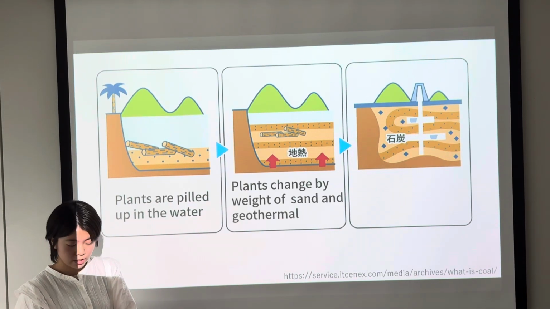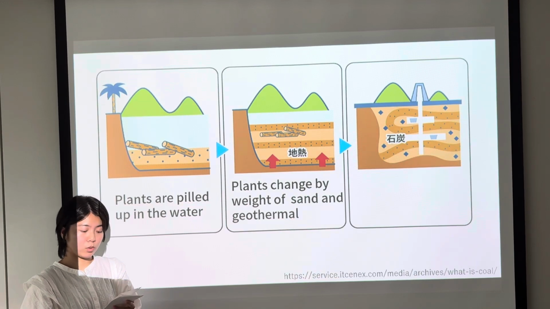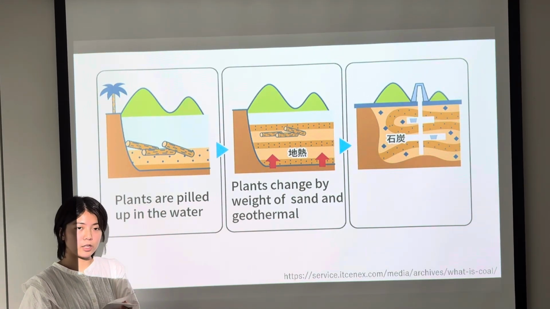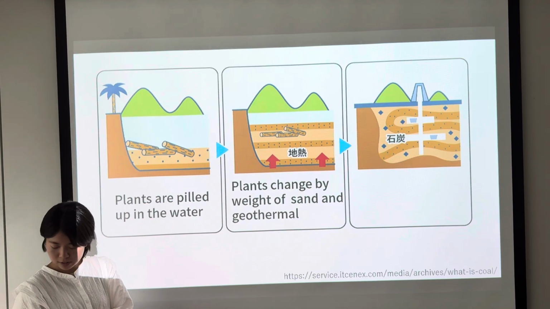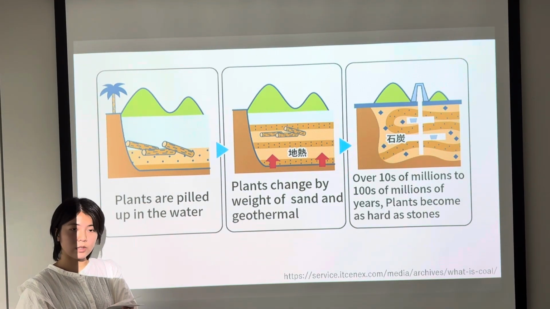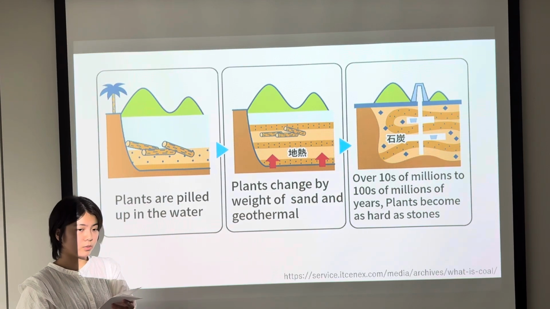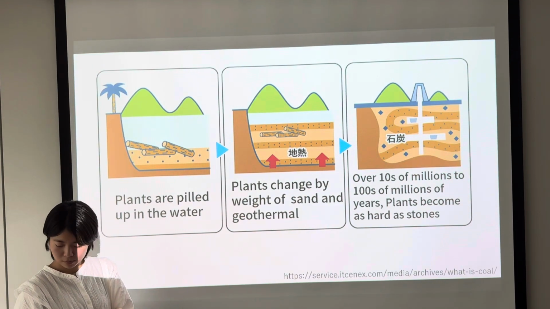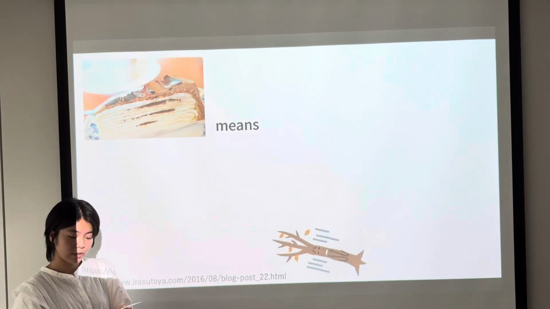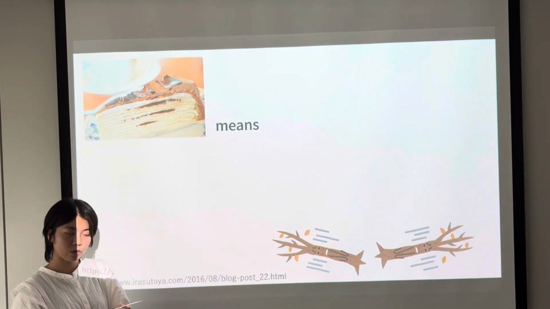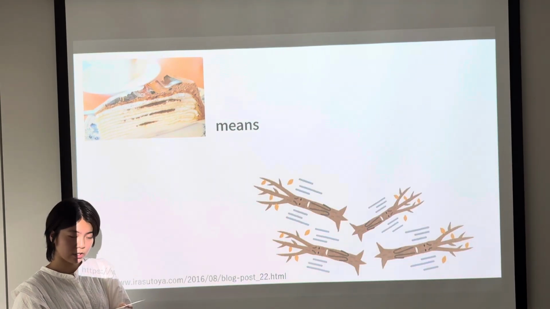Peat gradually transforms into coal by the weight of mud, sand, and geothermal heat. These dead plants take tens to hundreds of millions of years to change into hard black coal. The dead plants piling up to form coal looks like a chocolate millefeuille.